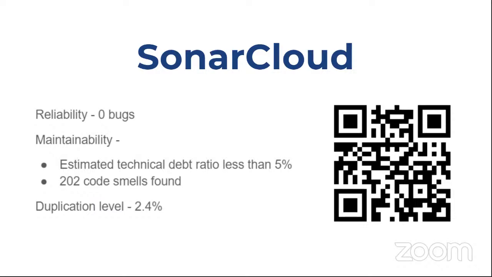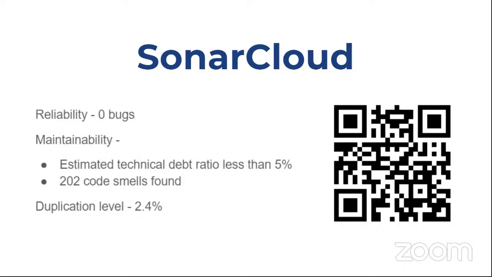It's not bad because we analyzed about 22,000 lines of code, and it's not a very big part. Also, these code smells are mostly about code style, some names written in the wrong style.